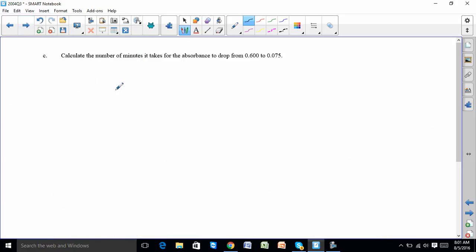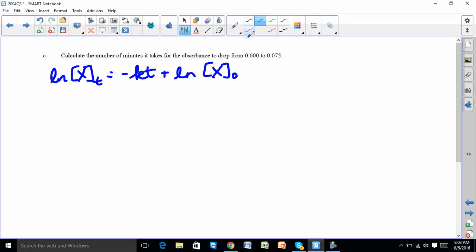And so when you come over here, we're solving for t, so always go back to the sheet. The fact that it's first order is the natural log of x at any time is equal to negative kt plus the natural log of x sub 0. Now this is algebra. I'm going to swing and bring this guy here, and I'm going to bring this guy here.